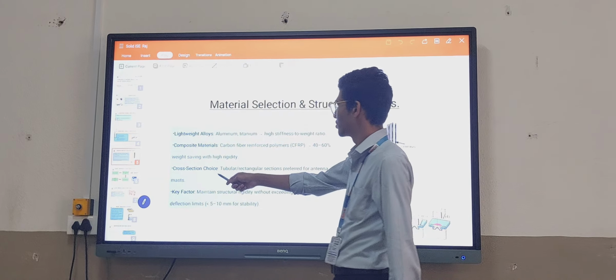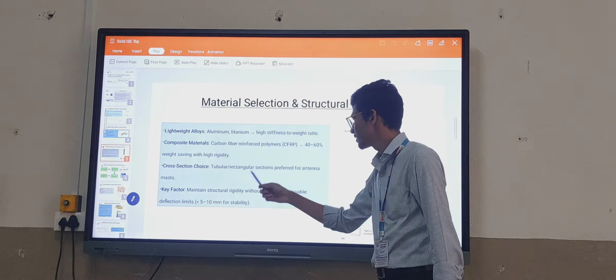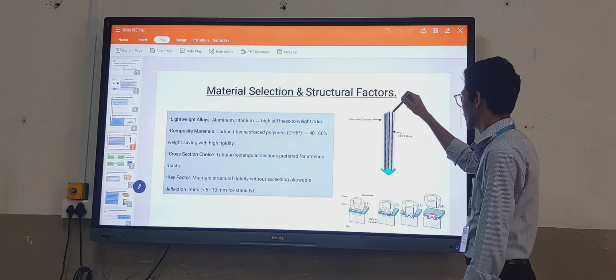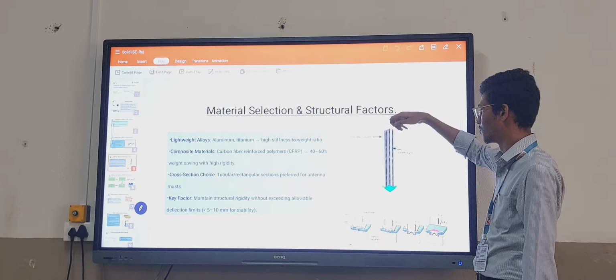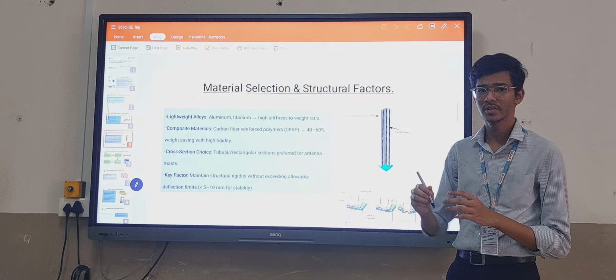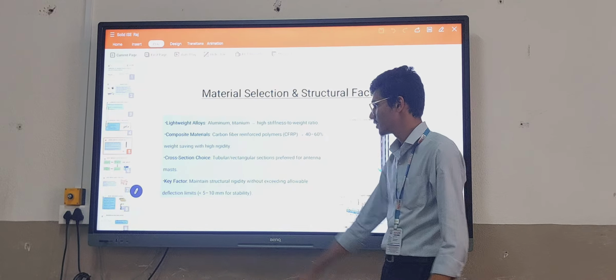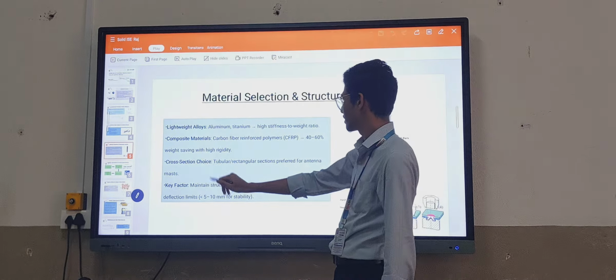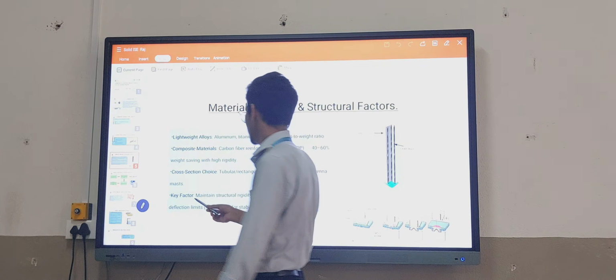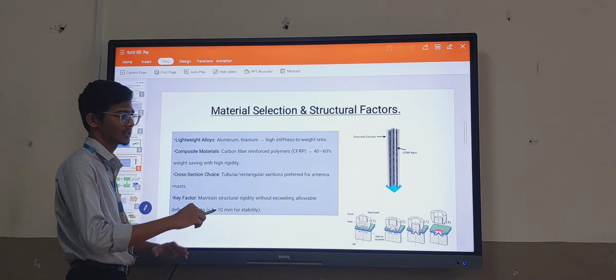For the cross-section, tubular and rectangular sections perform well for antenna masts, and such shapes also reduce the deflection of the antenna. A key factor in maintaining the structure is the allowable deflection limit, which is 5 to 10 mm for stability.